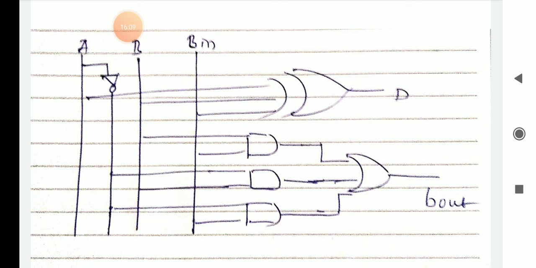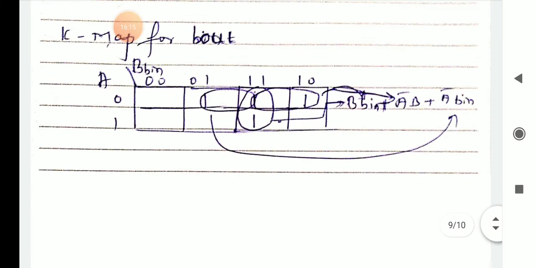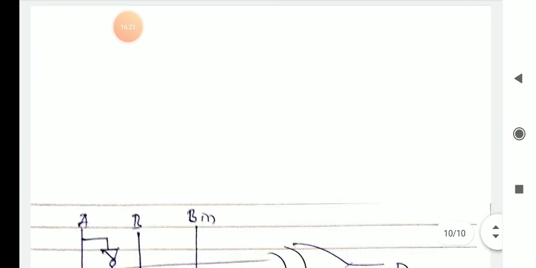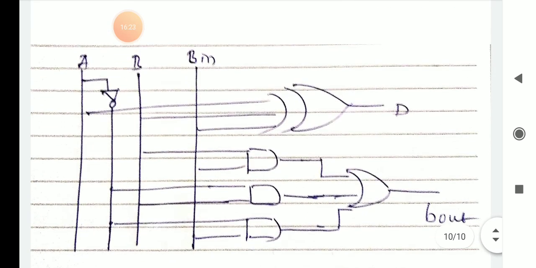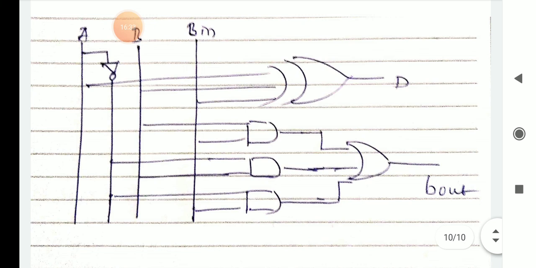Then you can perform borrow. So the borrow expression with AND gates is B Bin AND gate plus A bar B AND gate plus A bar Bin AND gate. Then you have to add with an OR gate. Wherever B and Bin are there, you draw horizontal lines and write one AND gate. Same way A bar B is there, AND gate, and again A bar Bin is there, AND gate.